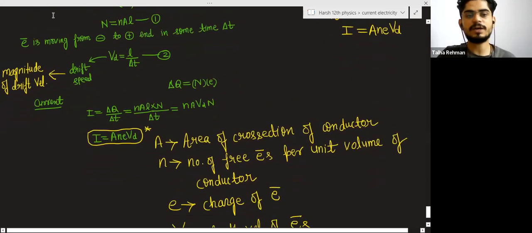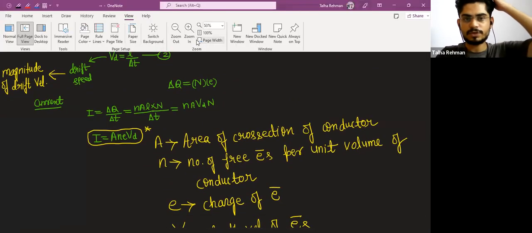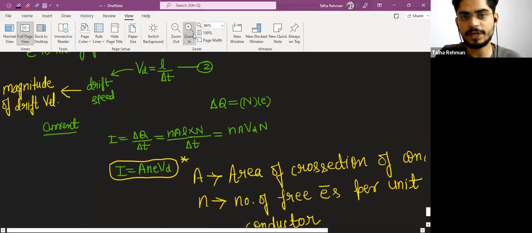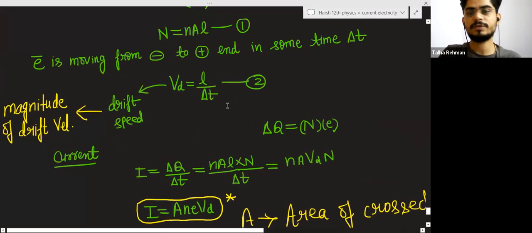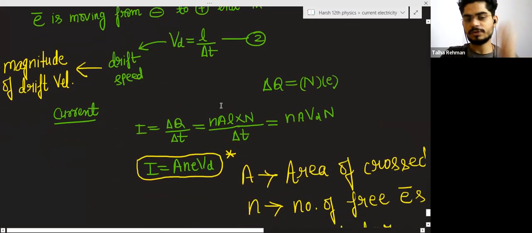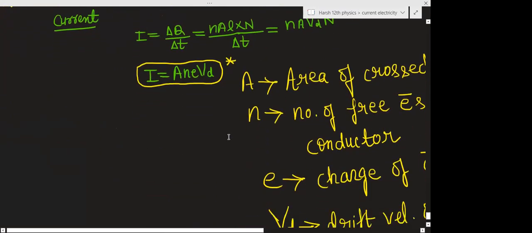So the relation between the current and the drift velocity is: current I is equal to A, the area, n, the number of electrons per unit volume, e, the charge, into the drift velocity Vd.